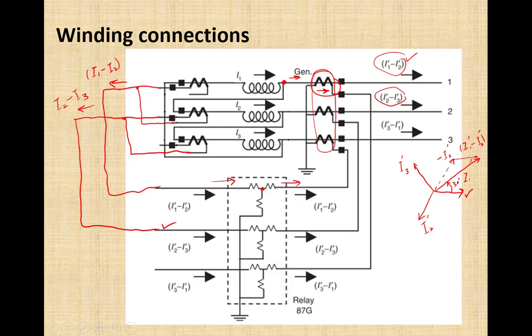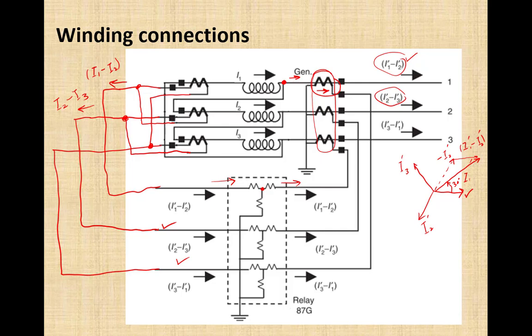The only connection remaining is for this line, which should be I3 minus I1. This is the I3 terminal. Let's subtract I1 from it. This is I1. Okay, and connect here at the third terminal.